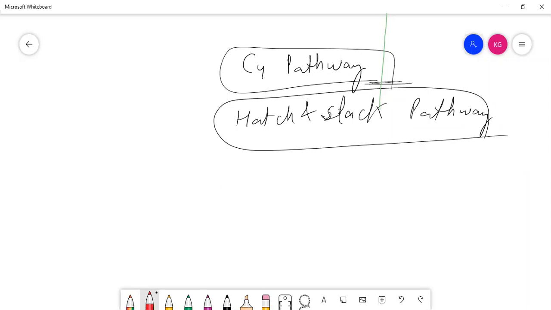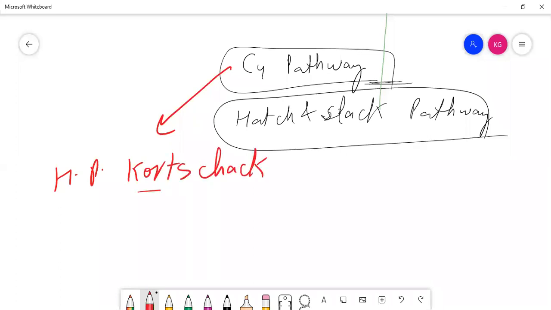So let us have this C4 pathway, and let me tell you, my friends, the C4 pathway was first discovered by a scientist whose name is H.P. Kortschak. You will never read all this, but I'm telling you, this was first discovered by a scientist called H.P. Kortschak, in sugarcane.